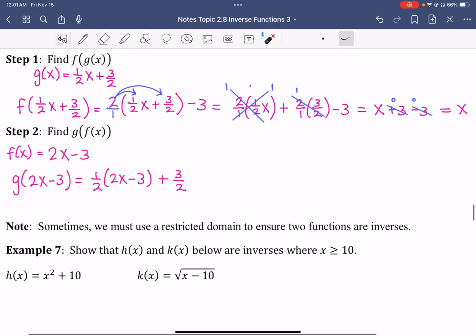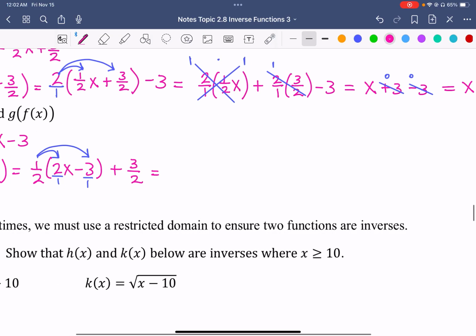Okay, now just like the other one, we need to distribute this 1/2 in here. But when you multiply fractions, if it helps you to put things over 1, I would recommend that. So I'm going to put the 2 over 1 and the 3 over 1, and then I'm going to break it up on here.